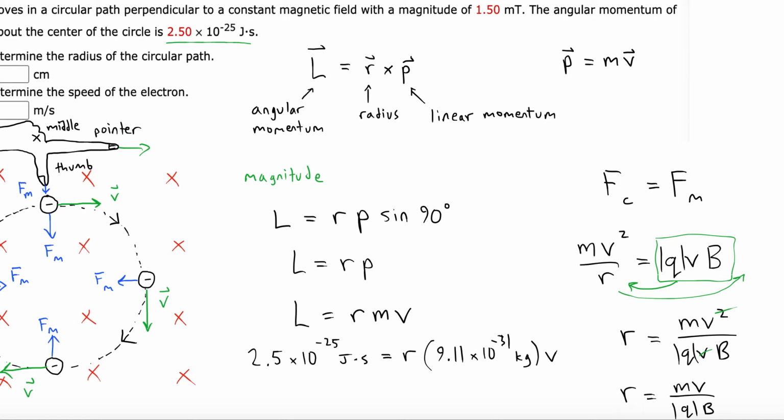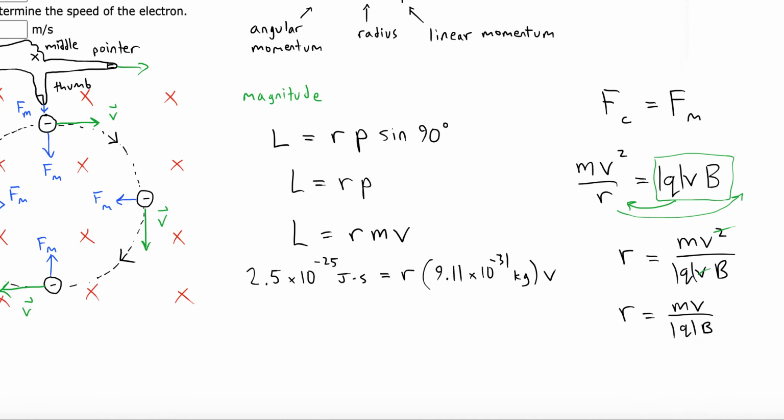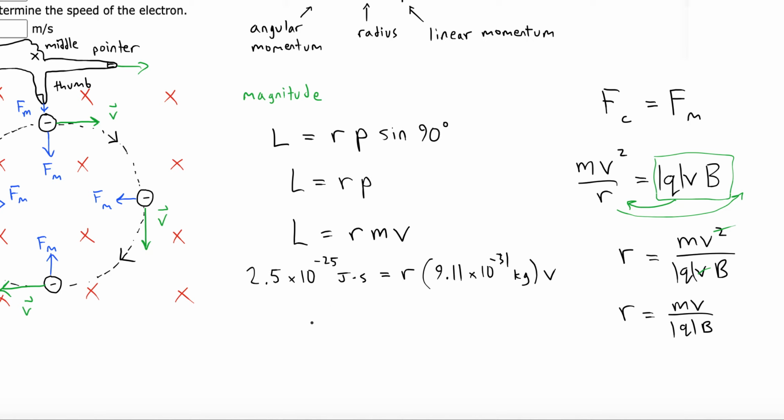Now that would especially be useful in this problem because we have the r, and we'd really like to replace it with other quantities that we know. So I'll take out the r, and we'll put mv over qb in its place.